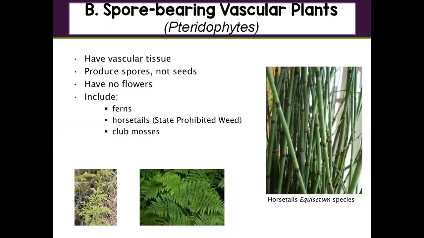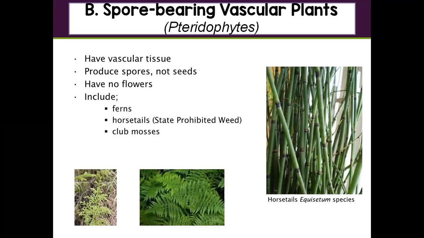Okay, very good. So let's have the second type of plant. We're done with the seed-bearing, so let's have the spore-bearing vascular plants, or the pteridophytes. These plants have true roots, stems, and leaves, but do not have seeds and flowers.